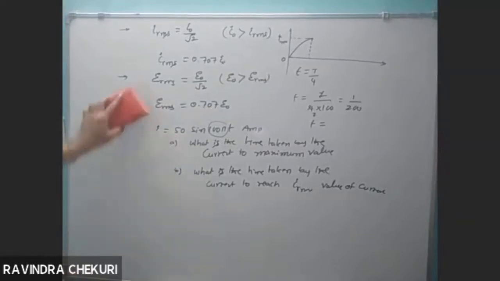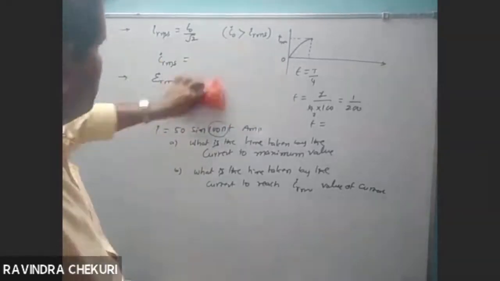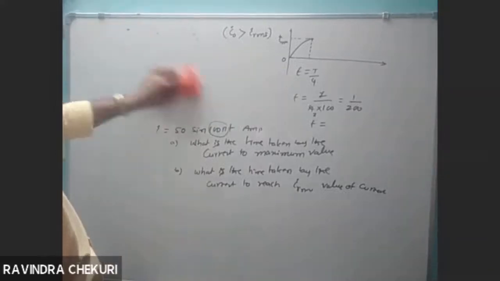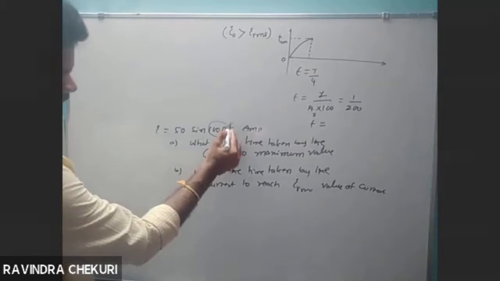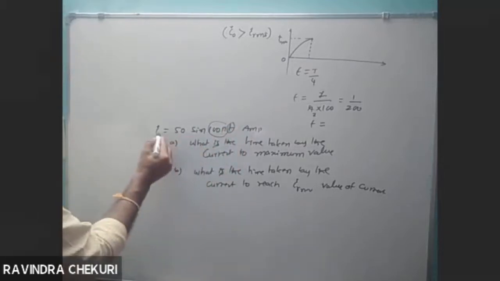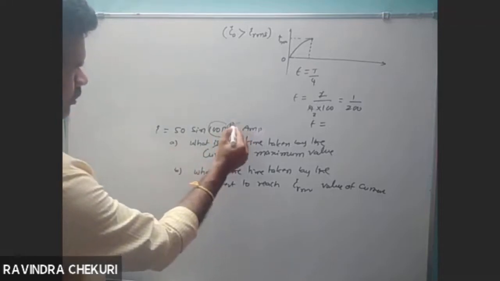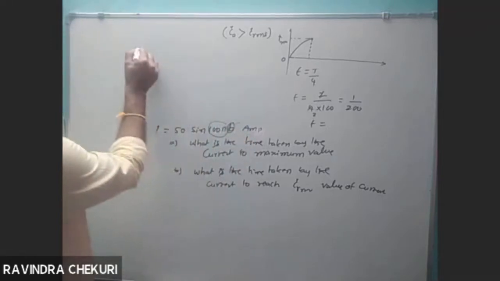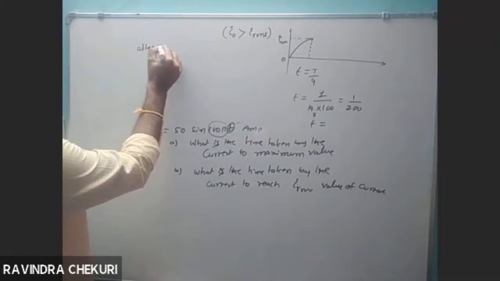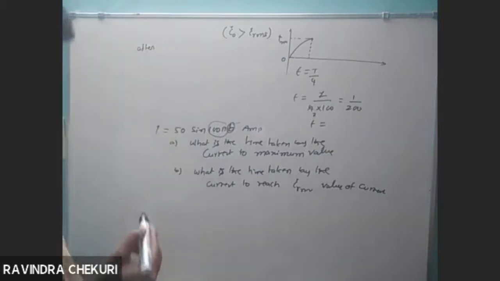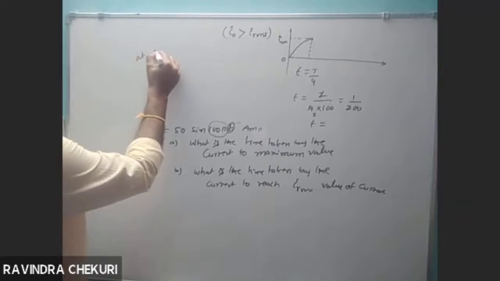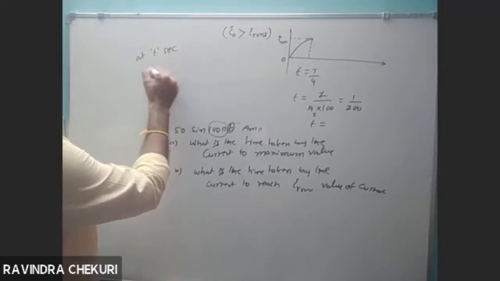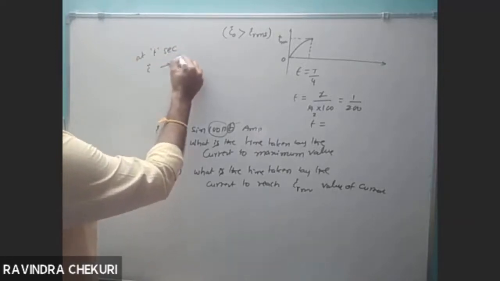At a particular instant of time, the current I becomes I_RMS. So at a time interval t seconds, the current I becomes I_RMS.